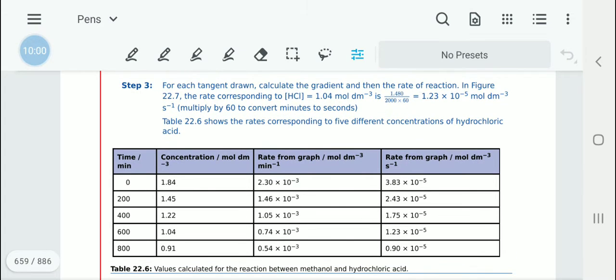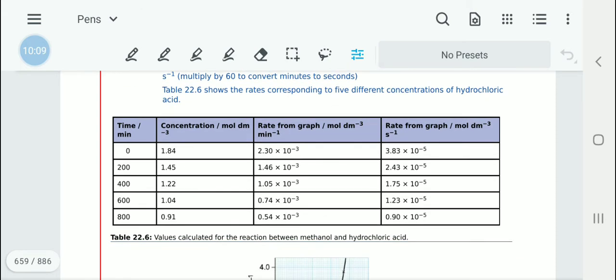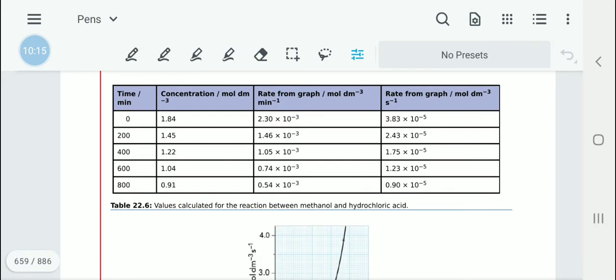So like that you convert, you divide by the time to find the rate. You find out the rate from the graph by using the gradient.